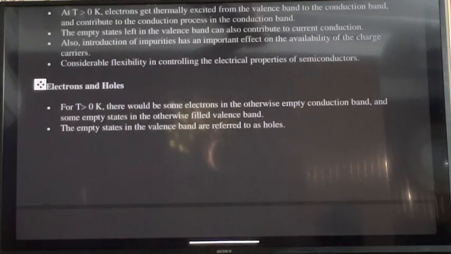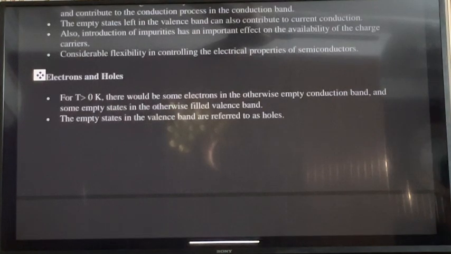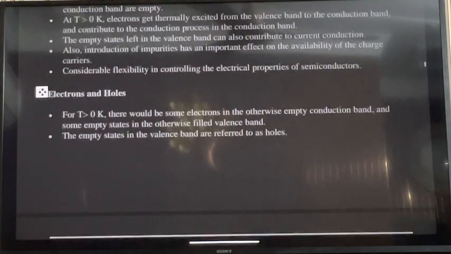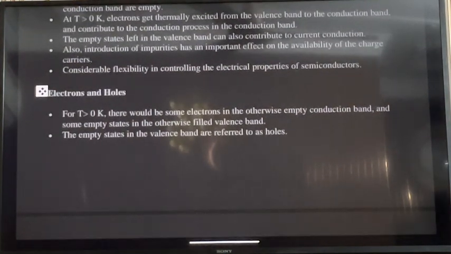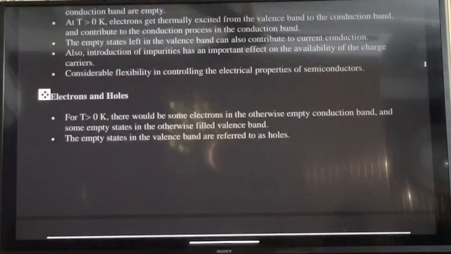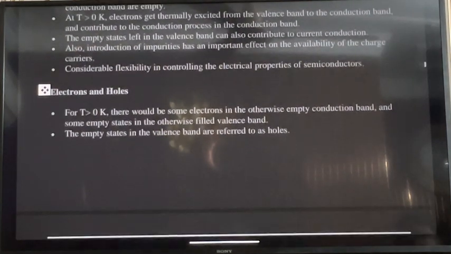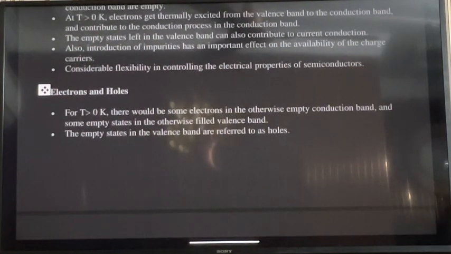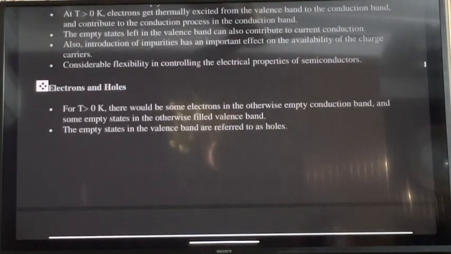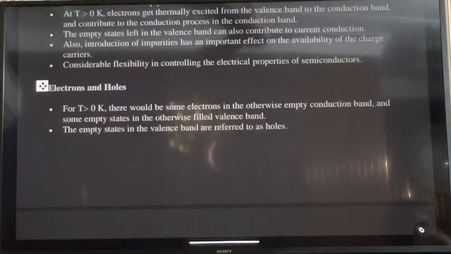MOSFETs and BJTs and PN junction diodes, all of these different types of devices are made from these basic semiconductor materials, and as a result we need considerable flexibility by adding impurities or changing the structure, composition, as we have already seen, and various other factors which we will very soon see.